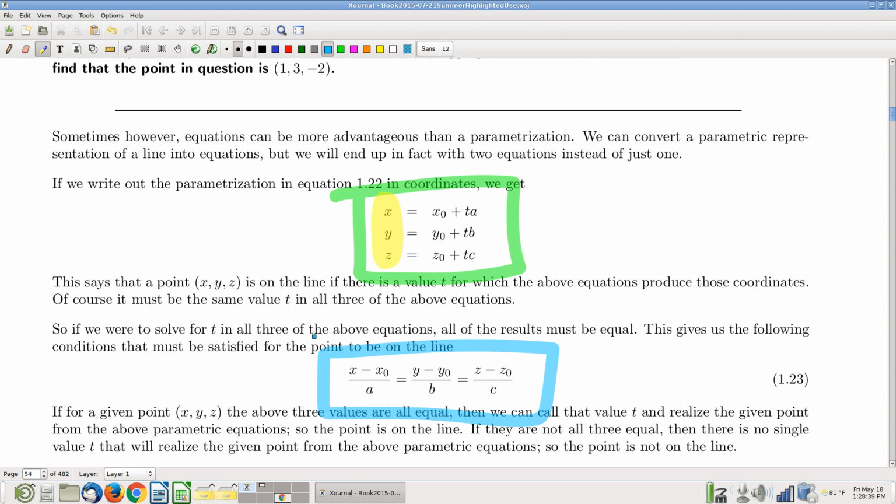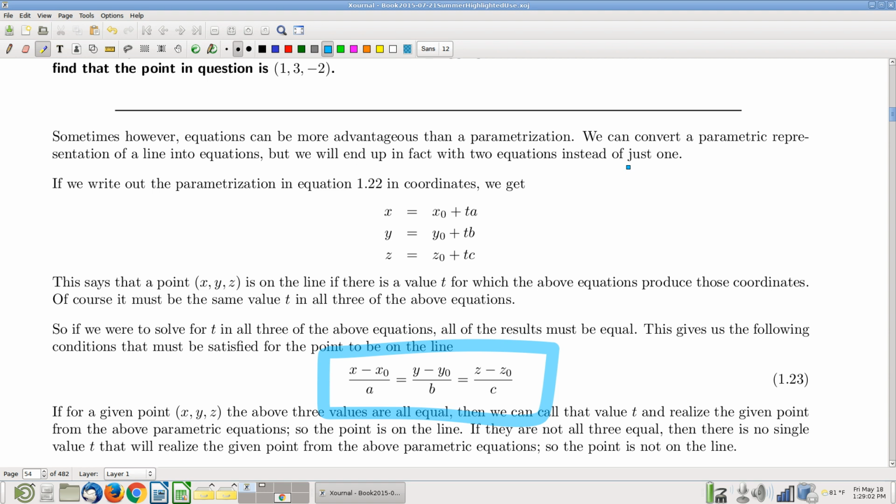Well, that's going to be possible if and only if these 3 numbers are all equal to each other. If these 2 numbers are different, then no, there is no single number that can be equal to 2 different numbers. It won't make sense. So the value of t will exist if and only if these 3 things are equal to each other. So this is a test.